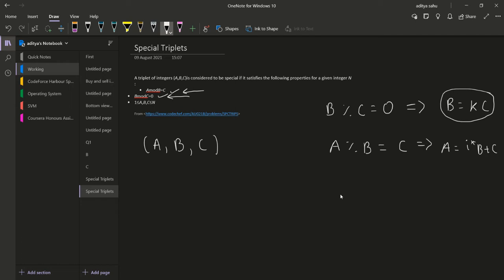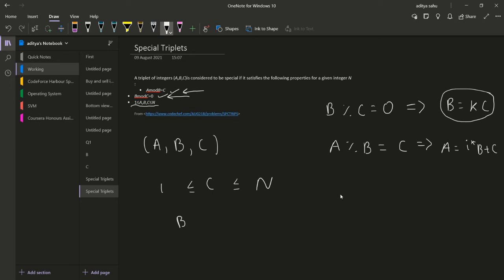Okay, so some of the key things that we need to take from these two constraints is that c can in fact vary from 1 to n. That's just given in the question. As C does not have any other constraint, let's first define that C is varying from 1 to n.